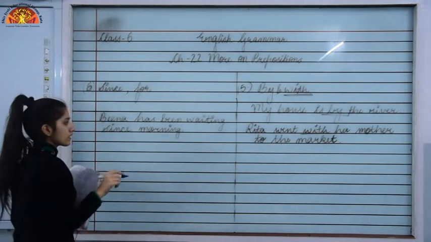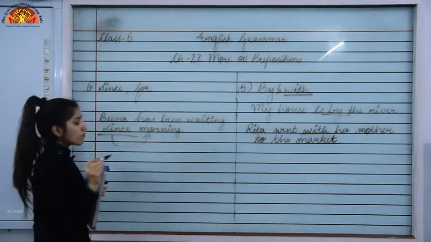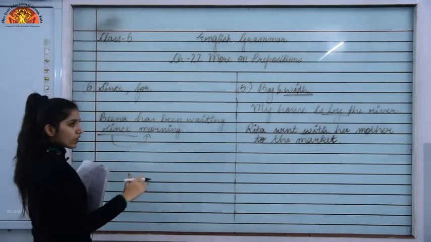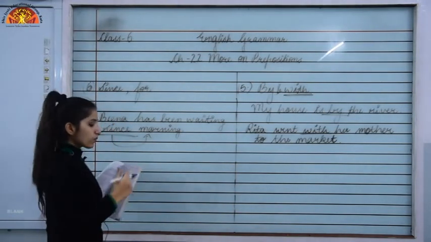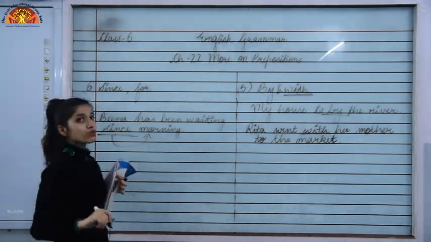Okay, so here you can see I have used since, because we are talking about morning and she has been waiting since morning. Morning से ही वो wait कर रही है. So action जो भी work हुआ है, जो भी continue है, it began in the morning itself only. That is why we have used since.